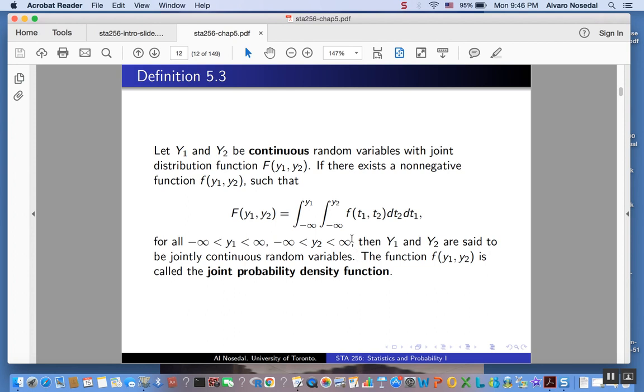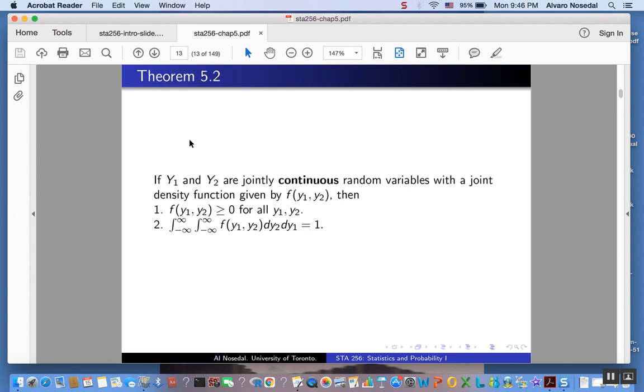Now let's talk about that theorem. The theorem gives you the two properties that a legit joint density function must satisfy. Remember that before, both with probability mass functions in the discrete case and probability density functions in the case of a continuous random variable, we had properties that were entirely similar to these.